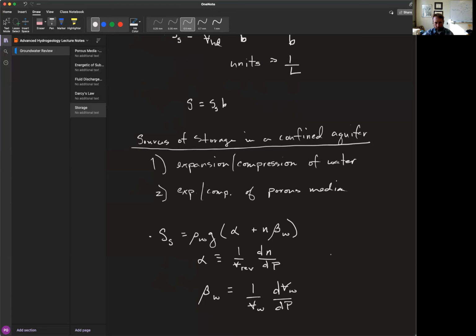Okay. So this is the compressibility of water, or sorry, compressibility of the porous media. And this is the compressibility of water.